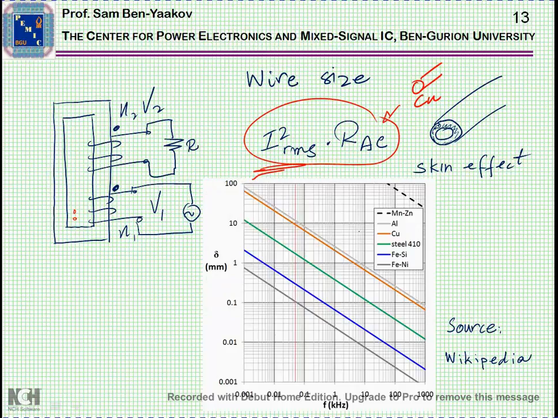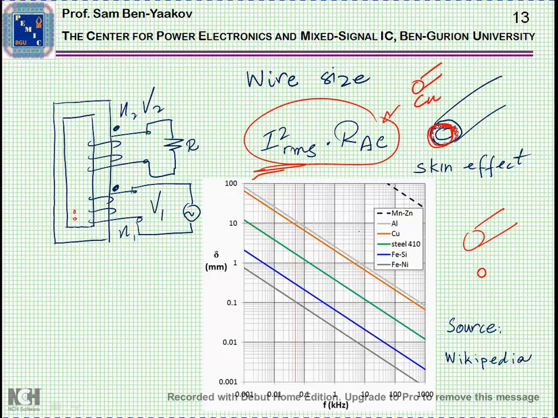power loss. At high frequency, one has to take into account that there is a skin effect, meaning that the charge is accumulating at the outside part of the cross-section, and therefore the effective area becomes smaller, so that at very high frequencies, if you need a heavy wire, you cannot use it.